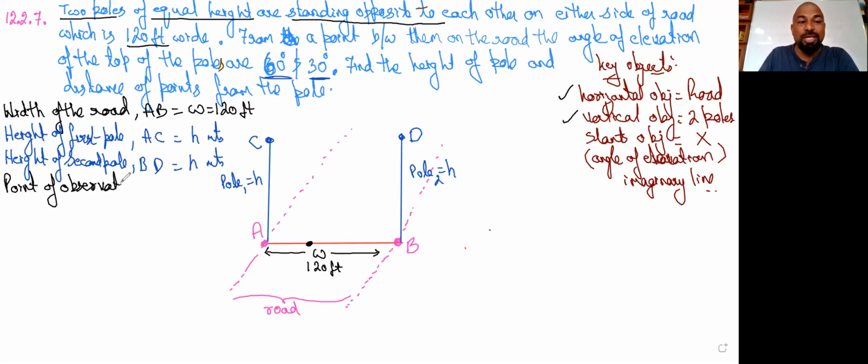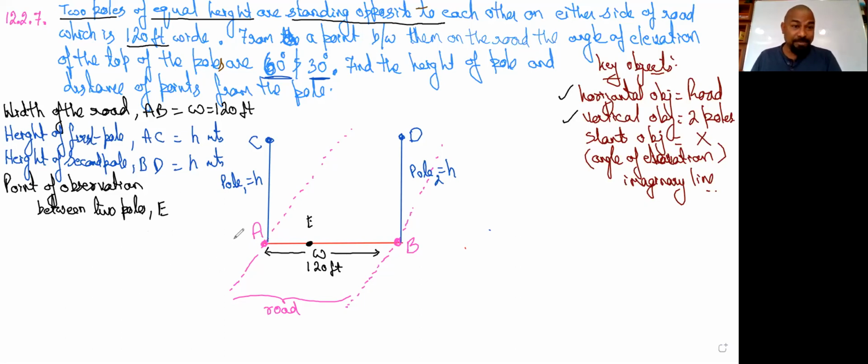Point of observation, where it is between the two poles. So we have A, B, C, D, and let's take the point as E. Yes, where is the point of observation between the two poles?